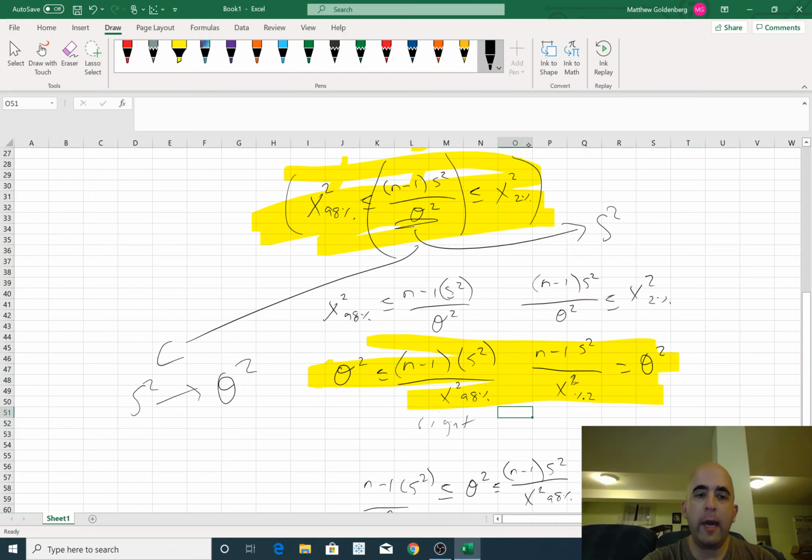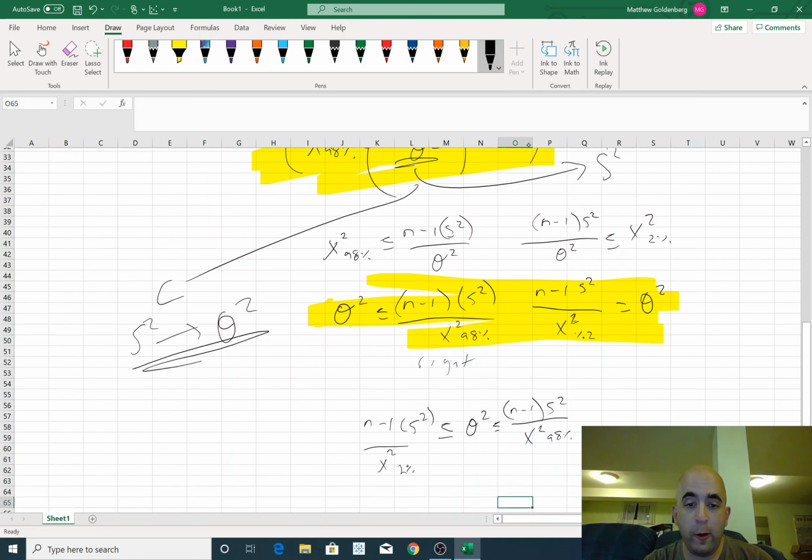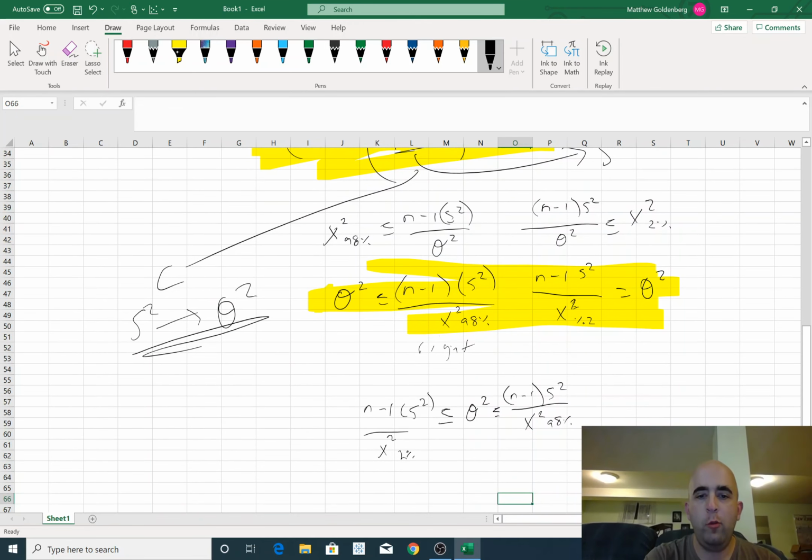So if we solve that to get this in the middle, we end up with something where here is the clincher, where your chi-squares are flipped. So let me highlight that instead of cross it out. And here's the interesting part. Your chi-squares are flipped when we solve for actually having a point estimate in the middle.